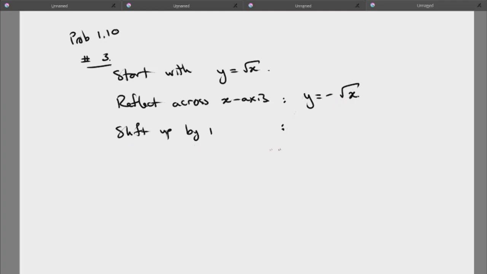Then lastly, I have to shift it up by 1, so my new function is something with a square root, plus 1. They're just doing this backwards a little bit. They're telling me what happens to the graph, and I have to say what happened first to the function.